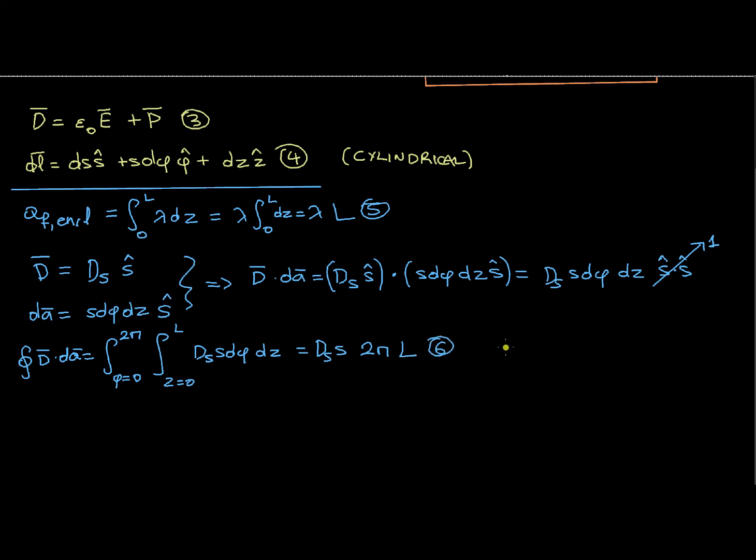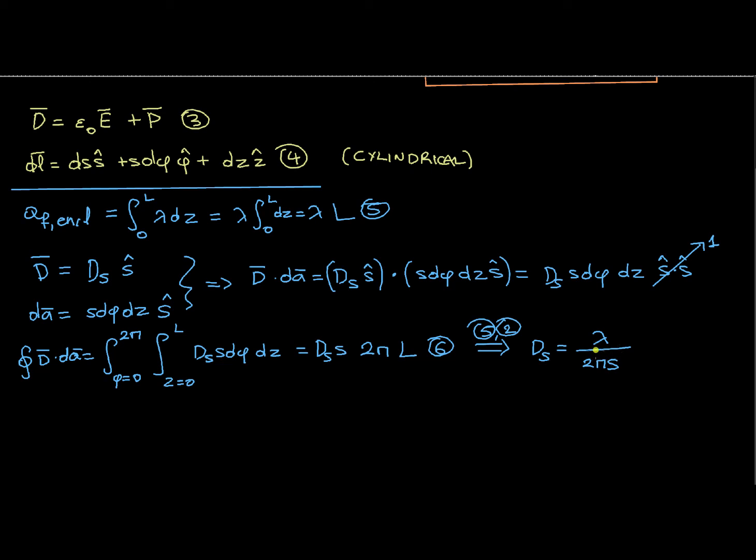Using 6 with 5, and equation 2, solving for ds, I have a cancellation of L, and it will be lambda over 2 pi s.